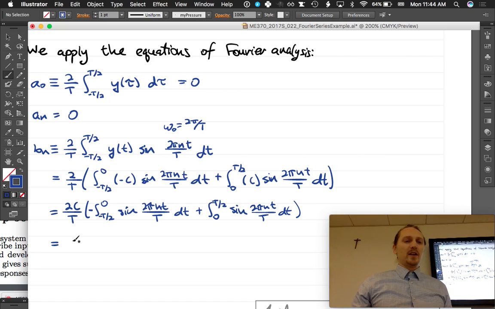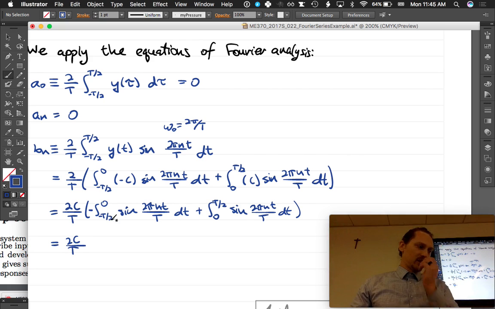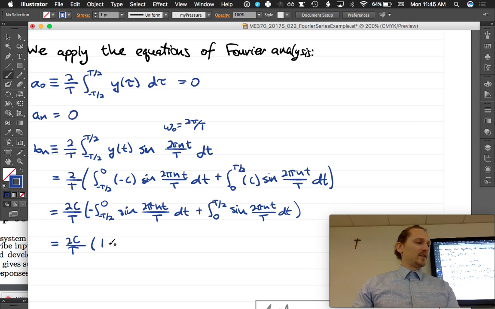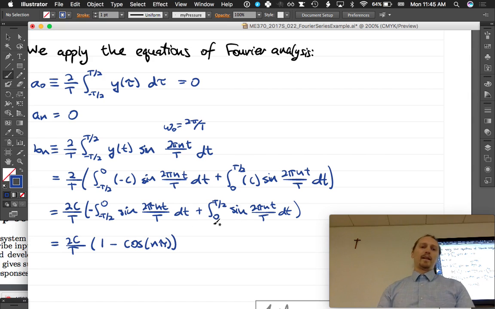I'm going to tell you that you can simplify that down to the following, because I don't want to get bogged down in those details. You can simplify it down to this expression: 2c over t times 1 minus cosine n pi.